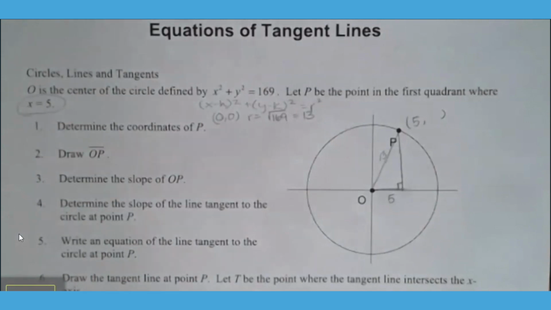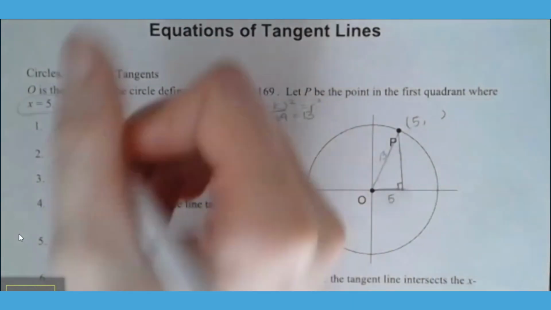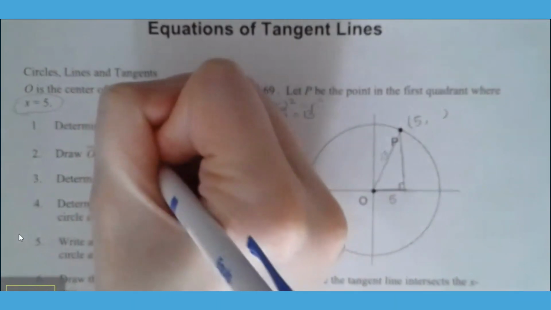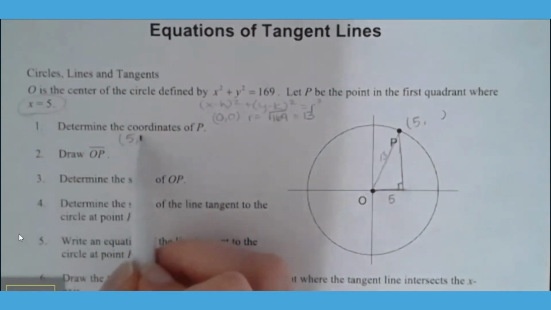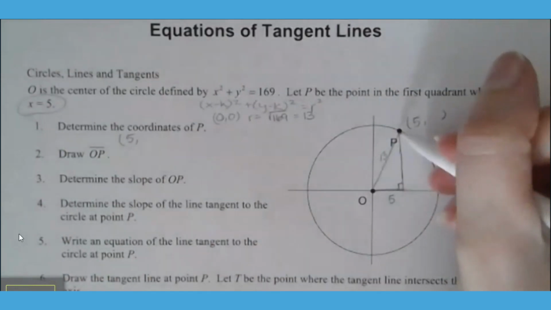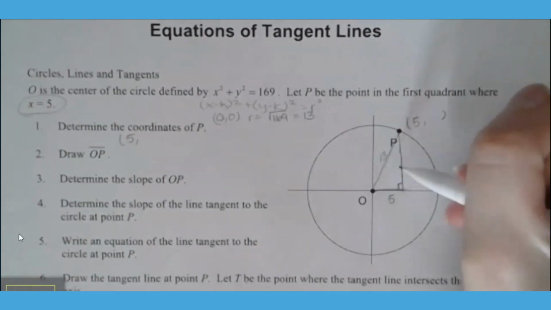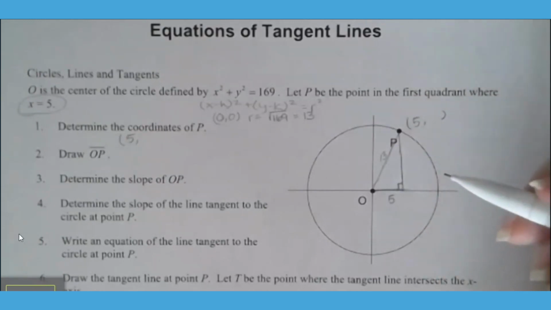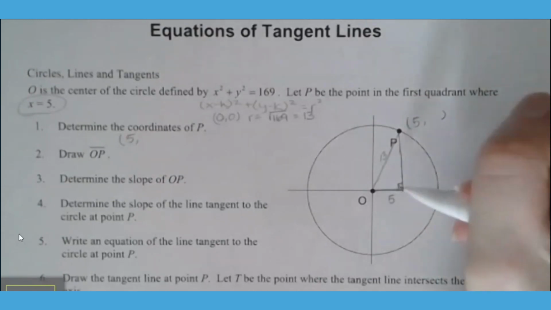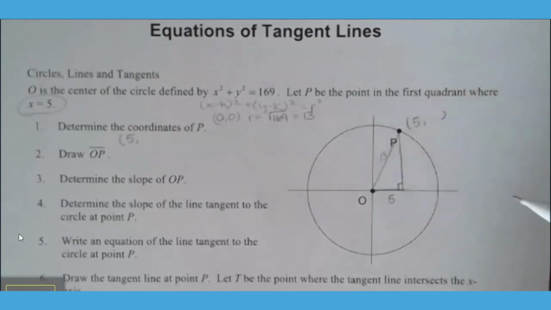Checking the answers for number 1, determine the coordinates of point P. Well, I already know that x is equal to 5 because they told me that in the stem of the question. I need to figure out y, that vertical distance. Knowing that this is a right angle and my radius is 13, if they know their Pythagorean triples, then they should recognize this as a 5, 12, 13 triple.